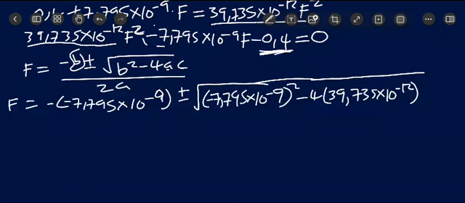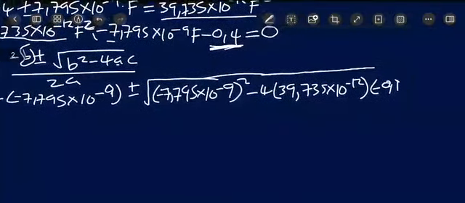If you can see, our c is negative 0.4, so minus negative 0.4 would be plus 0.4.